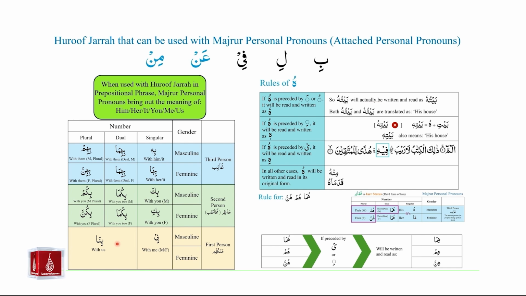In all of these examples, we see that the use of harf jar, in this case being ba harf jar, with majroor personal pronouns is bringing out the meaning of him, her, it, you, us, and me. For example, bihi can be translated to with him or with it. Bika can be translated to with you. Bina can be translated to with us.